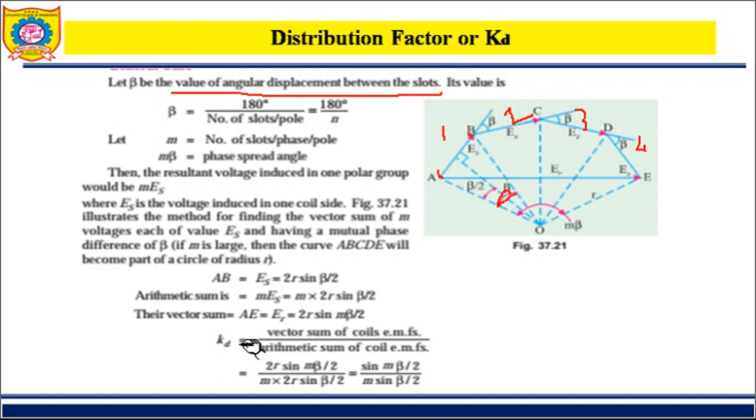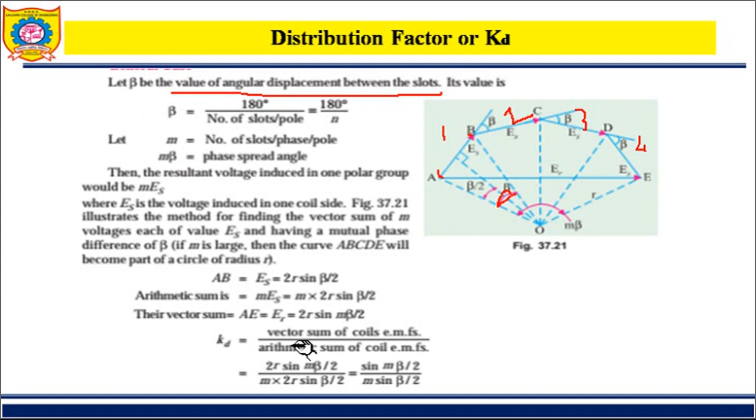So what is Kd, the distribution factor? The distribution factor is the ratio of the induced EMF in a coil group when the winding is distributed in a number of slots to the induced EMF in the coil group when the winding is concentrated in one slot.